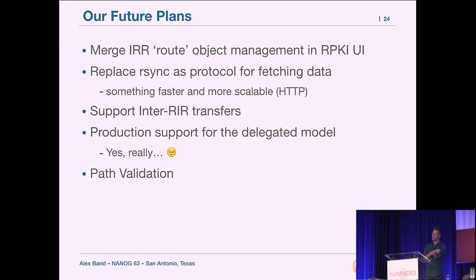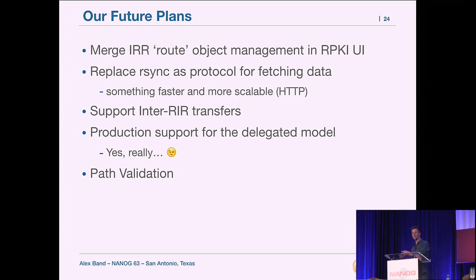So what are our future plans? If you have such a fancy interface, why not use it for route objects as well? Because right now, if you want to manage your routing data, you essentially have to do it in two completely different places and manage two completely different data sets that have nothing to do with each other. But because we now have authentication in the RIPE database using single sign-on, as well as two-factor authentication, you could just essentially merge all of that in.